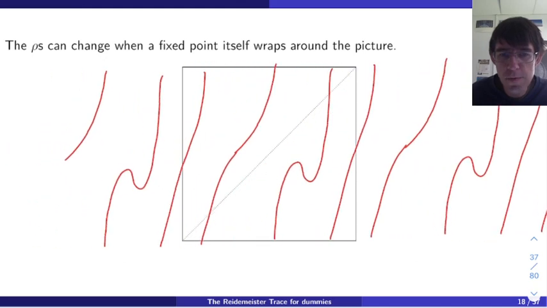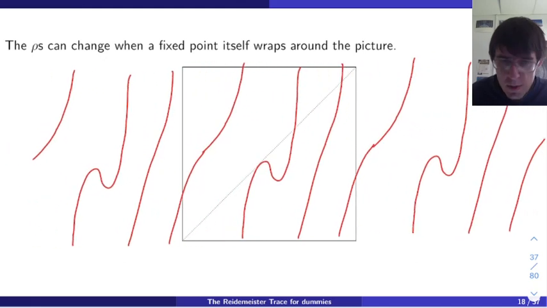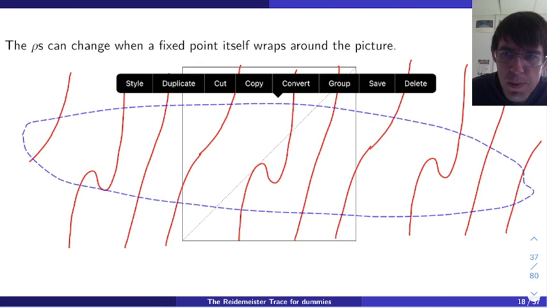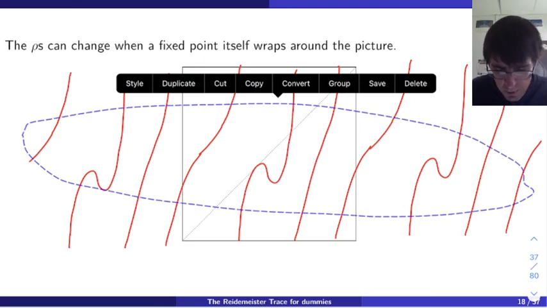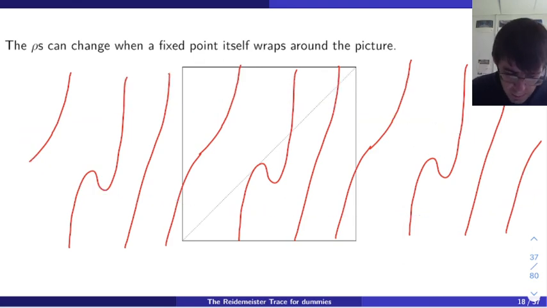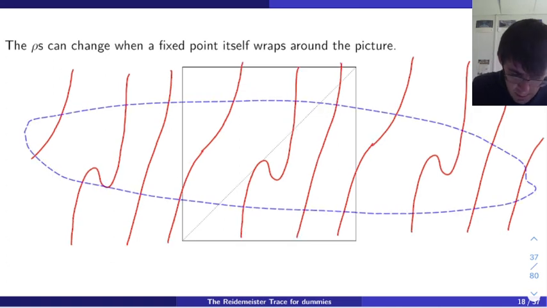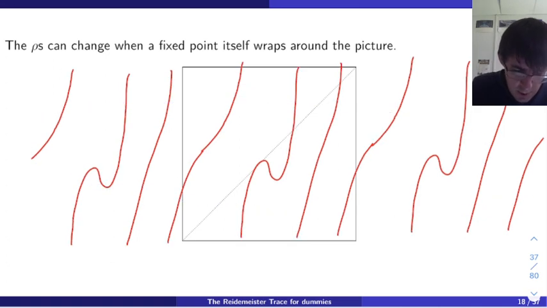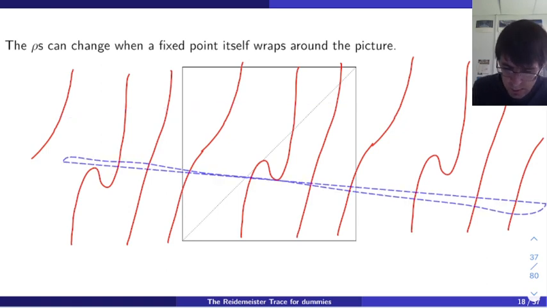Remember, I'm only drawing a piece of this function, but it is replicated as you go off the right end of the picture. You're supposed to come back on the left end. But anyway, I'm going to try and show how these Reidemeister classes can actually change.